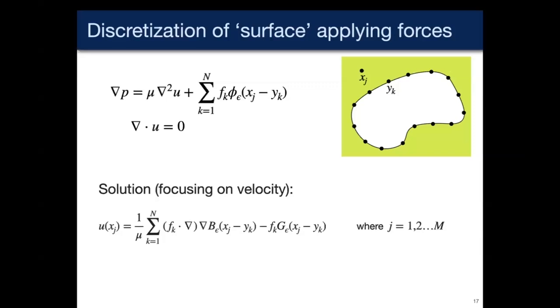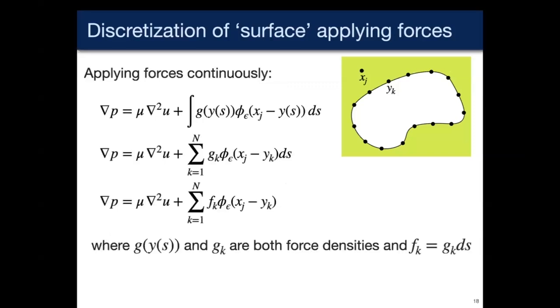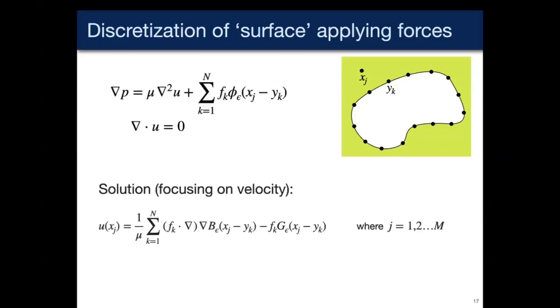Right now, I'm just going to write down the velocity, but you can handle the pressure the exact same way. We're going to assume we have n points at which we're applying forces. F sub k is a force here, and we're applying the forces at the y sub k's.